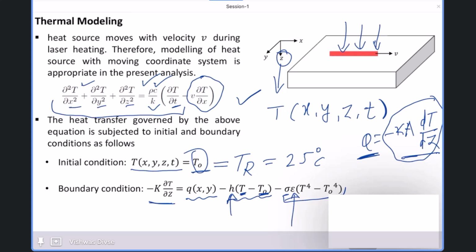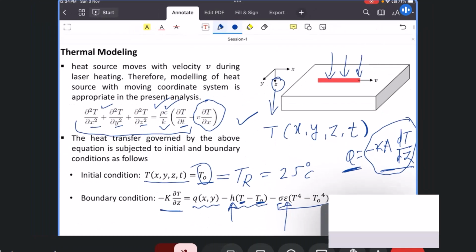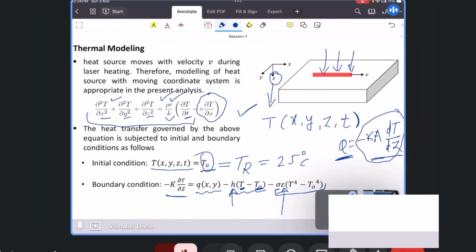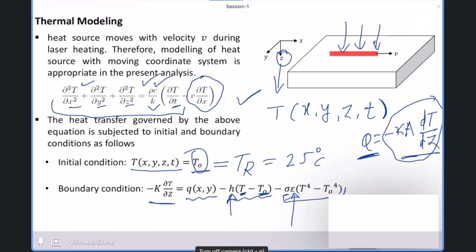Again, this kind of information you will get in the literature. And this is the famous Stefan-Boltzmann law, sigma epsilon times (T raised to 4 minus T naught raised to 4). So in radiation, the heat exchange will happen with the fourth power of the temperature.